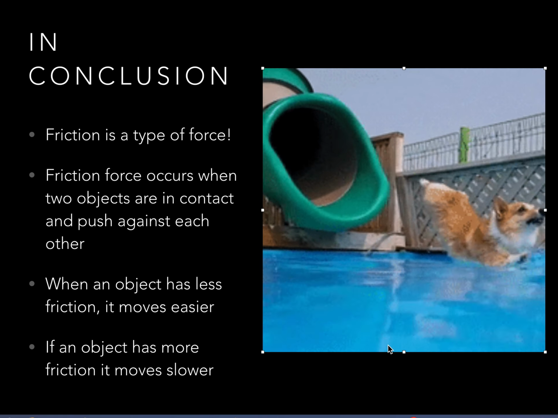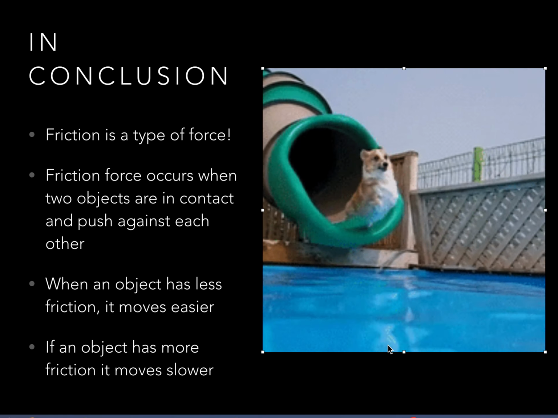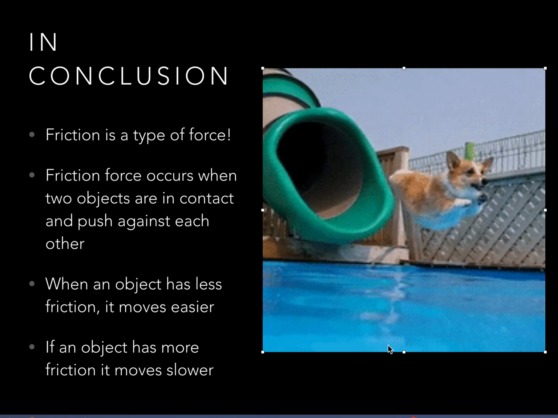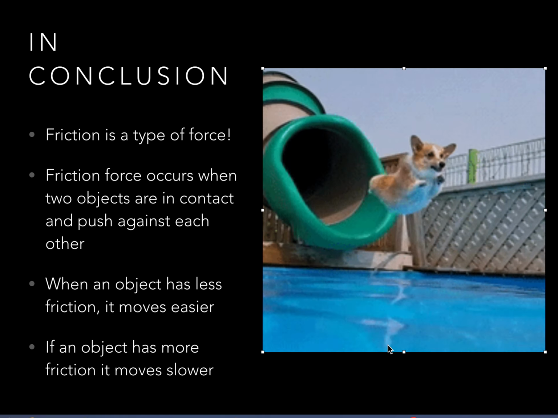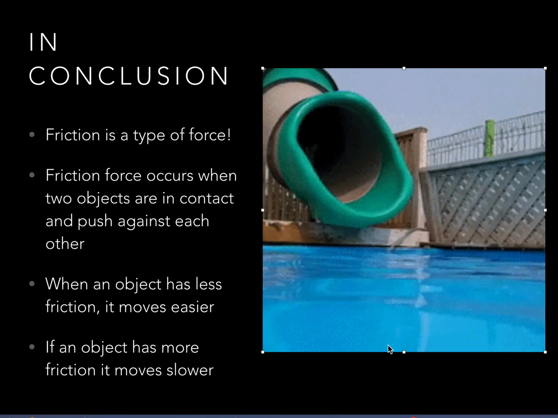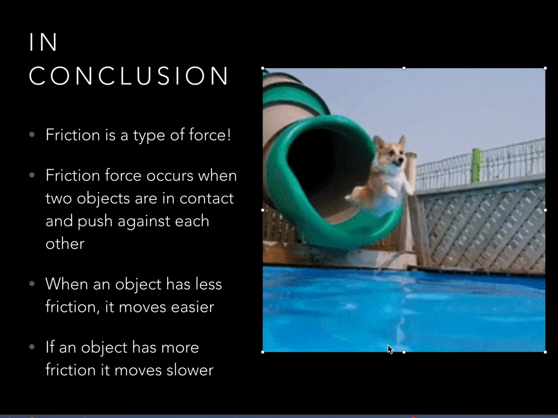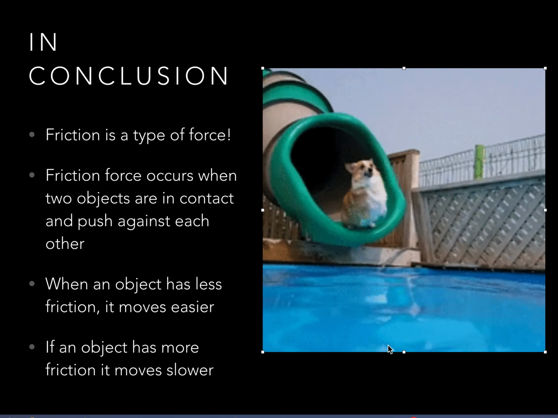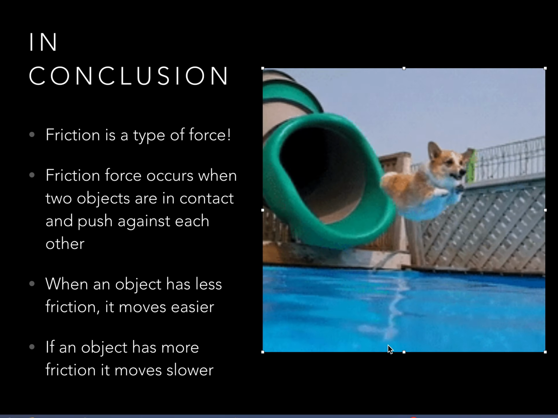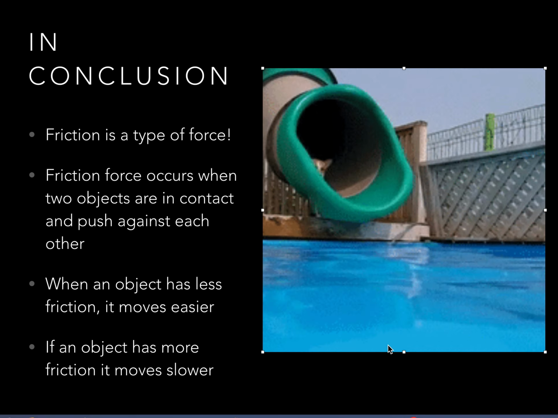So that would be going down a water slide is going to be easier than going down a slide on a playground. If an object has more friction, it moves slower. So that would be going down a slide in jeans is going to move a little slower than going down a slide in sweatpants.